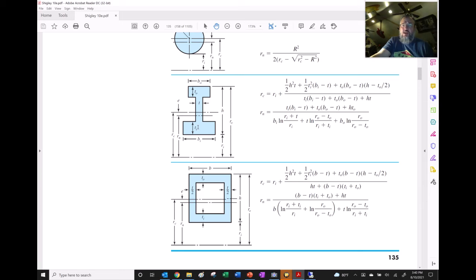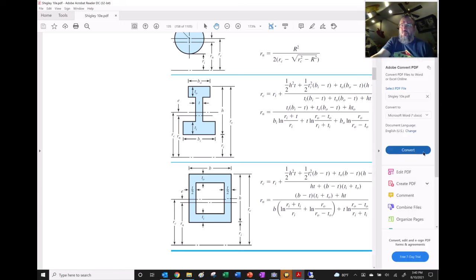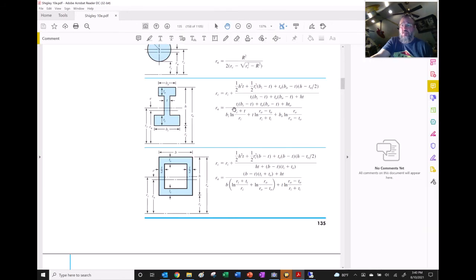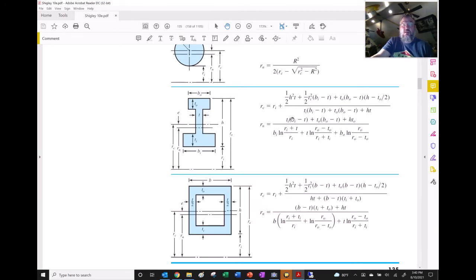Now I'm going to point out a mistake that was in the book that I've noticed a while back, and I've looked through other versions and I think they keep making the same mistake. Let me close down my comment, and I just want to highlight, if you look at the pattern of what's going on here, notice that for whatever reason the thickness of this, we'll call it a flange, on this outer one, the To, and this is the flange of the inner one, and this is T by itself, with no subscript, which is actually the thickness of what we call the web, right?